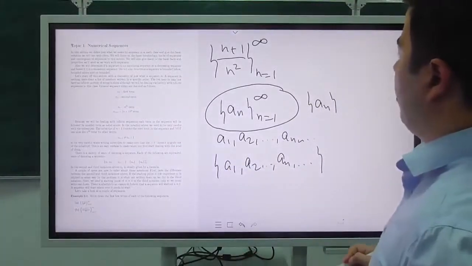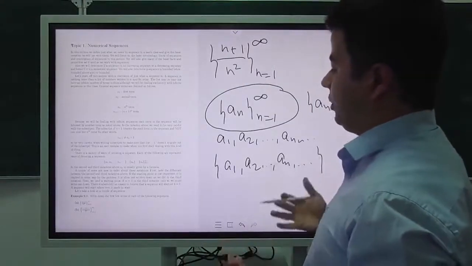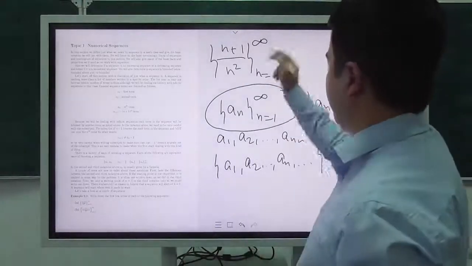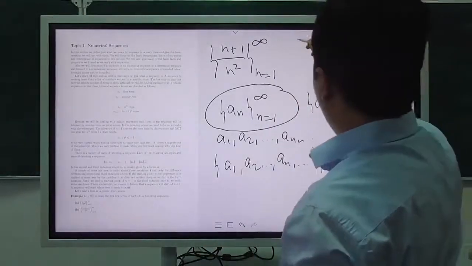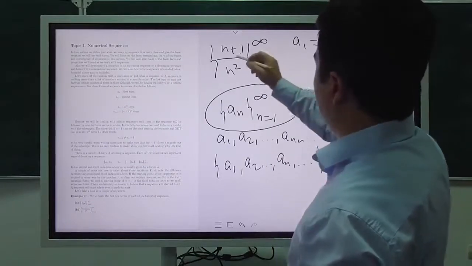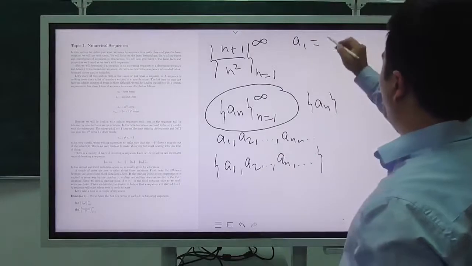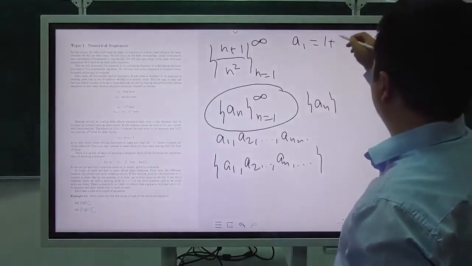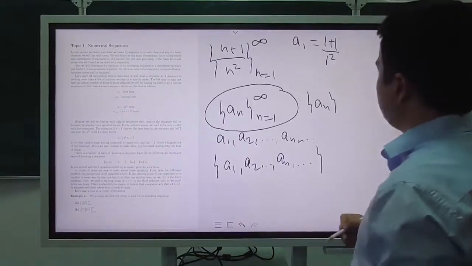Now, we have this sequence. Let's write the first few terms of it. It means we should write a1 firstly. For a1, instead of n, we have to put 1. So we get (1 plus 1) over 1 squared.